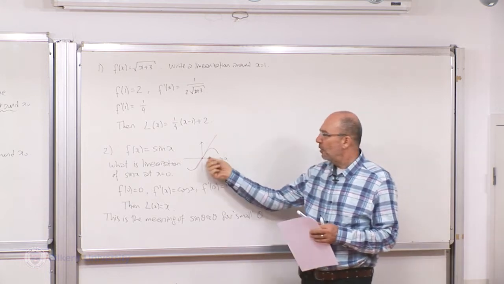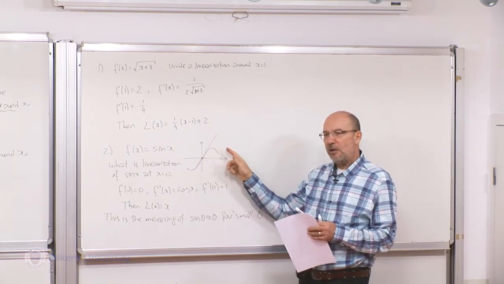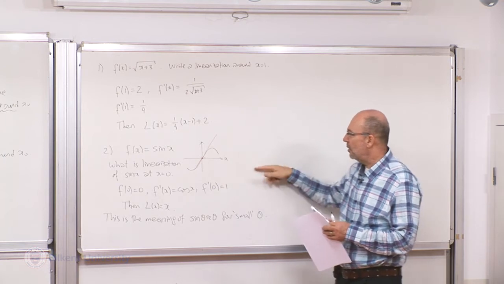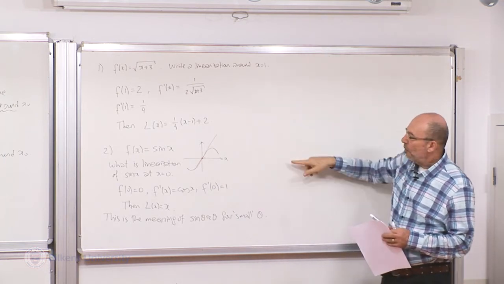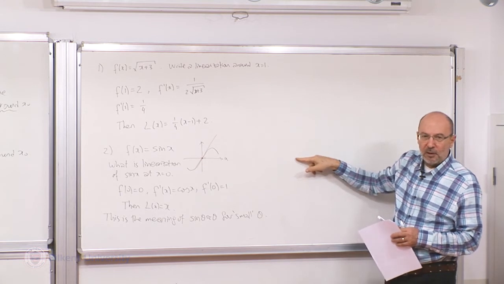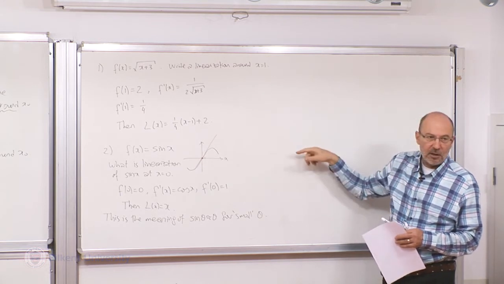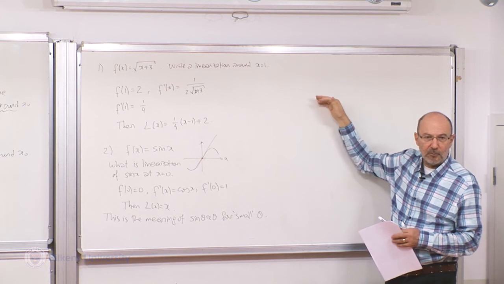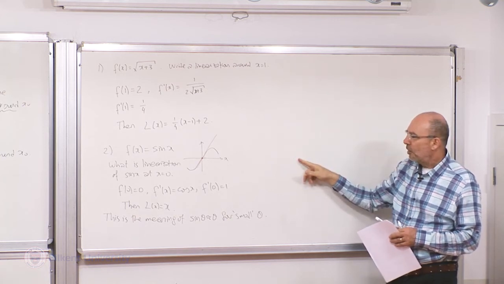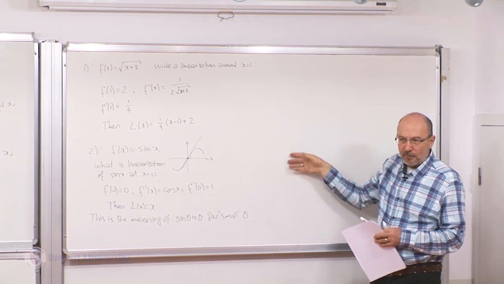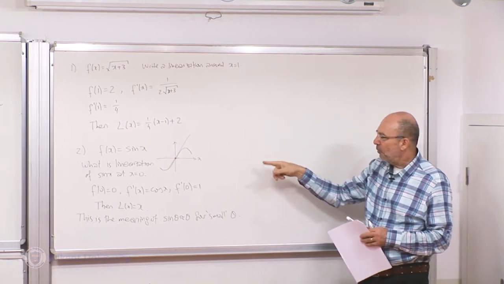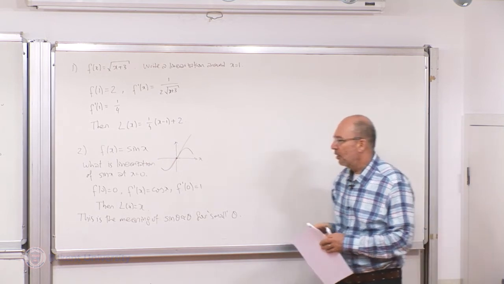Of course, if you move a little bit around the origin, you see that sine x goes away from this, and sine x stays here. This straight line goes here. So if you want to approximate sine x with this linearization, you don't get anything meaningful. But if you want to find the linearization of sine x at this point, then you do the same game with a point here.